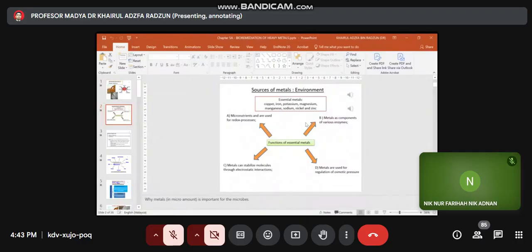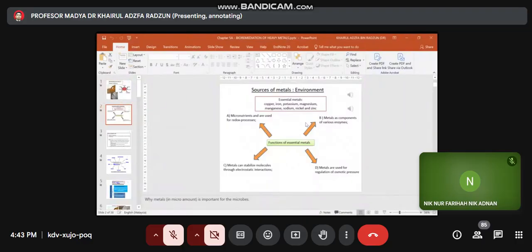So these cofactors of the enzymes are very important. The cofactors are all the essential metals that I mentioned earlier, from copper to zinc, and as humans we also need these metals in the form of ions within our cells.